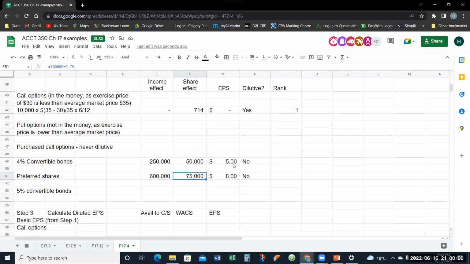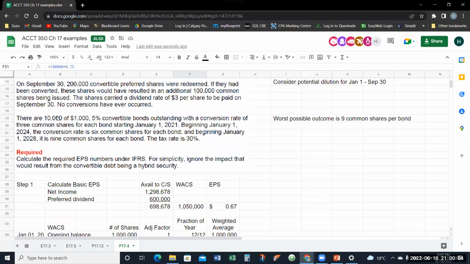And last of the lot, they've got these 5% convertible bonds. There were 10,000 5% convertible bonds outstanding. Now, these are convertible bonds, okay? So interest has to be after taxes. So let's see. 10,000 of $1,000 5% convertible bonds.